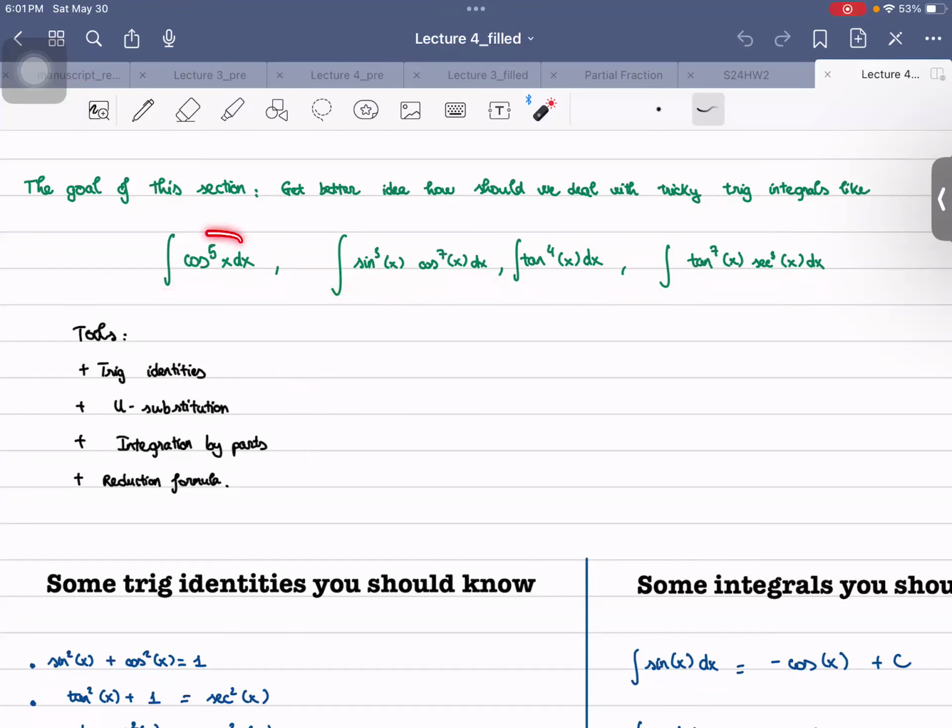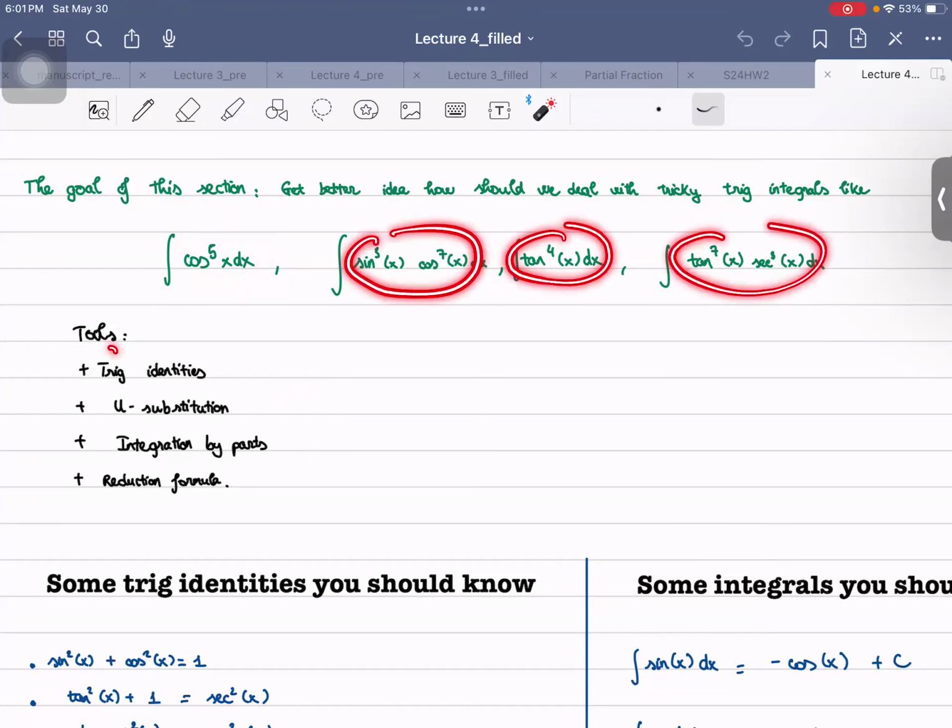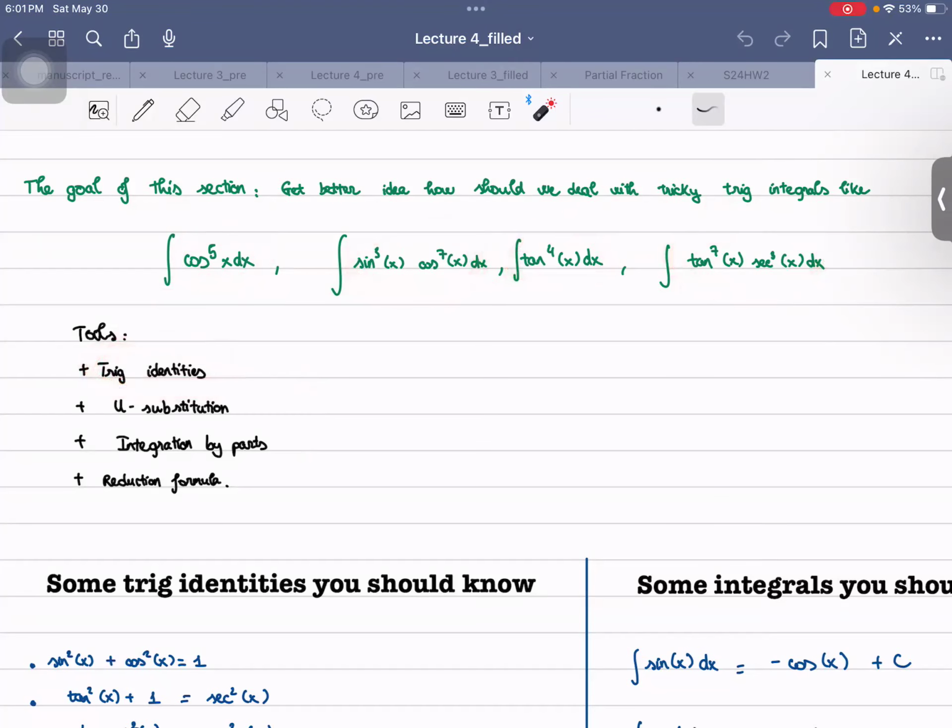And because this is the integral of trig functions, you also need to know a little bit of trig identities, because sometimes trig identities can help you simplify your function.